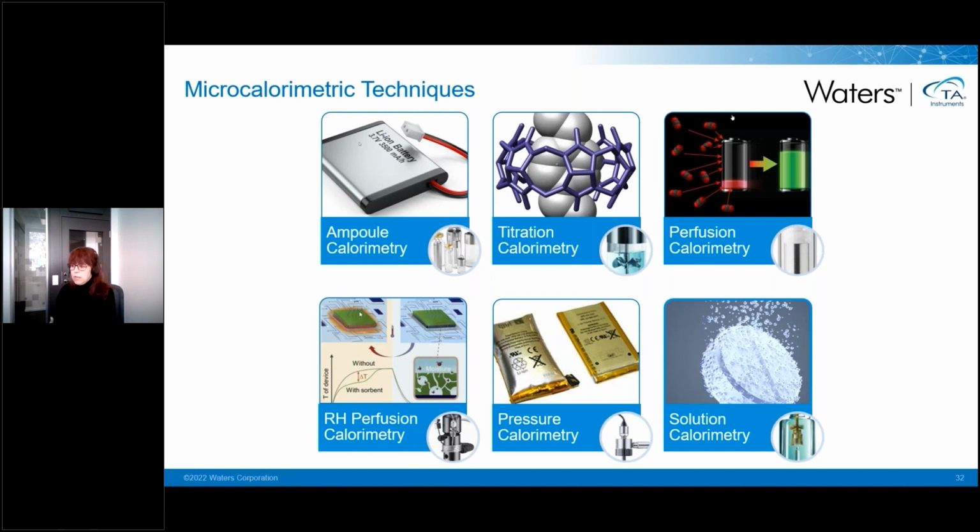Here we can change the relative humidity over a sample, measure sorption, desorption, if we initiate a reaction with humidity, or any other vapor activity from a solvent is also possible. Pressure calorimetry, where we can measure the pressure evolved at the same time as we measure the heat flow. And solution calorimetry, where we can dissolve a sample or wet the sample in a bulk liquid to measure heat of wetting or heat of dissolution.